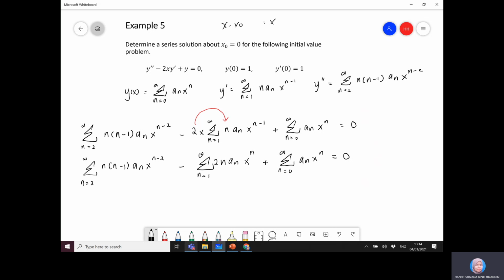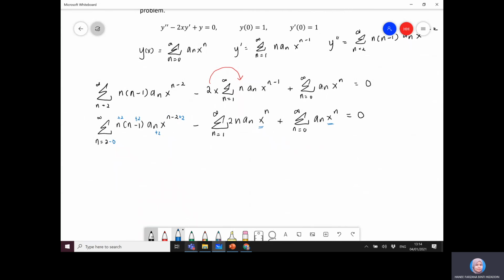Right. So the next step is to make sure all the x's are to the power of n. This term is already x to the n, this also x to the n, so we need to tweak the first series. So this one is plus 2, so here is plus 2, plus 2, plus 2, and minus 2 at the bottom there.